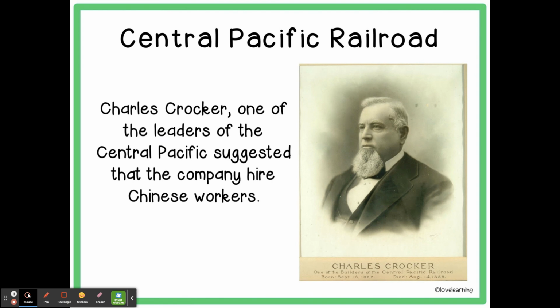So here's where similarities yet differences collide. Both the Central Pacific and the Union Pacific were, one, hiring immigrant workers, people who were not native to America. And then it's also different because one company, the Union Pacific, is hiring Irish immigrants, where the Central Pacific Railroad is hiring Chinese workers.